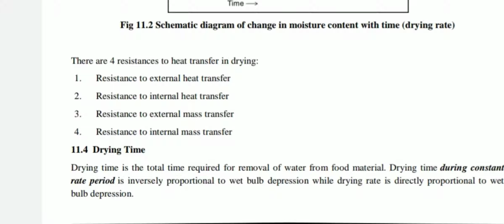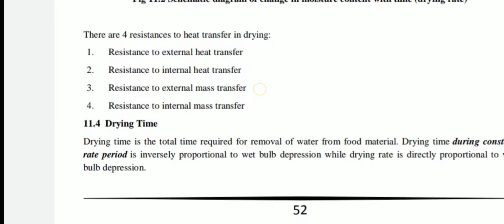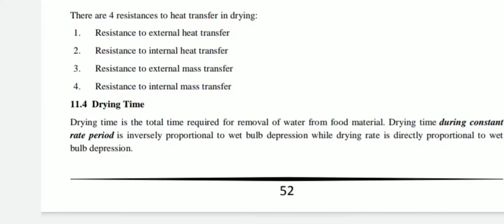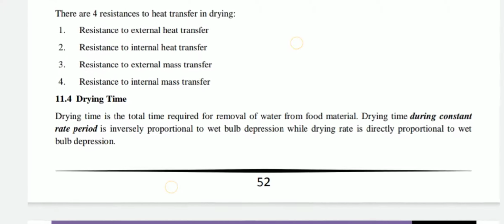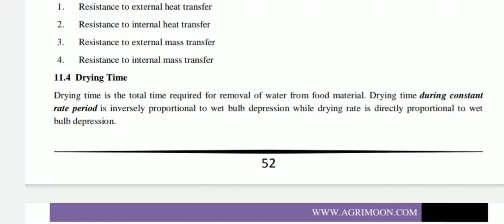And lastly, the resistance to internal mass transfer, that is from within the cell, the solute starts transferring to the intercellular spaces. So we know that these are the four resistances which come over during drying.